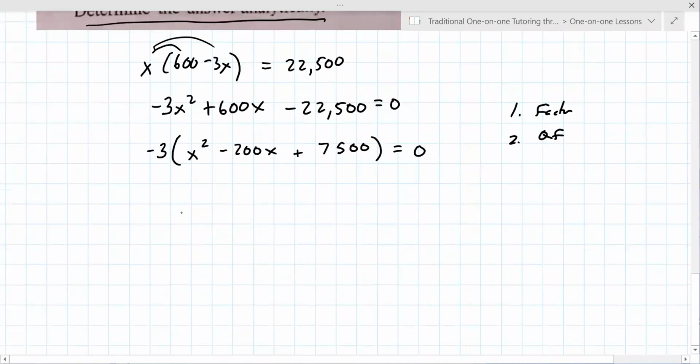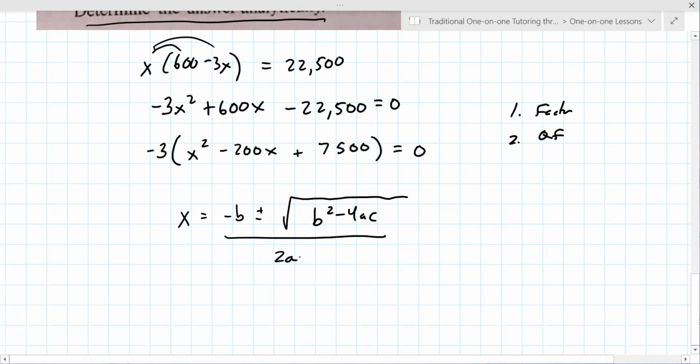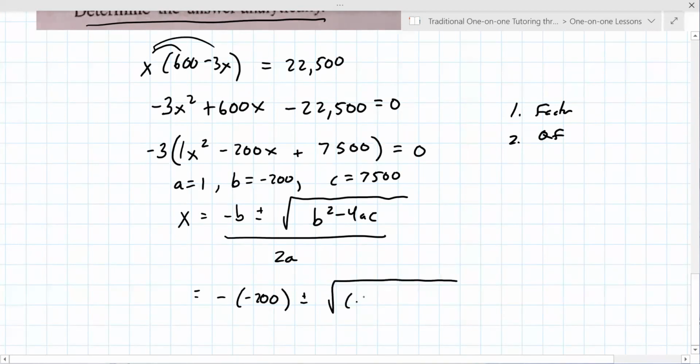So as a reminder, the quadratic formula is x equals minus b plus or minus the square root of b squared minus 4ac, all over 2a. And what I usually encourage students to do is to write the values up above here. B is minus 200 and c is 7,500. And the hardest part of the quadratic formula, once you get it down, is just entering it into your calculator correctly.